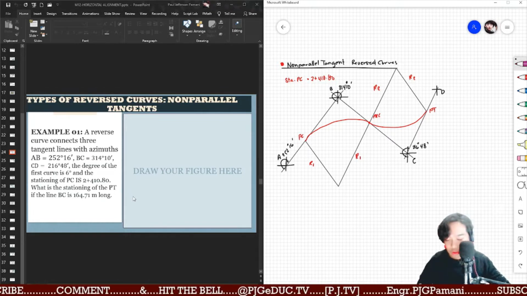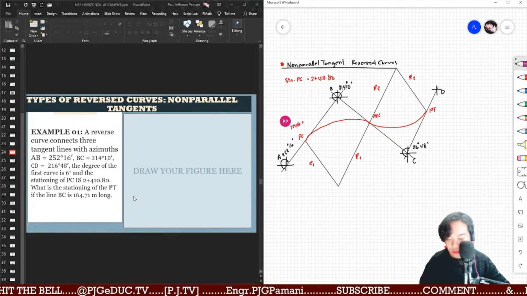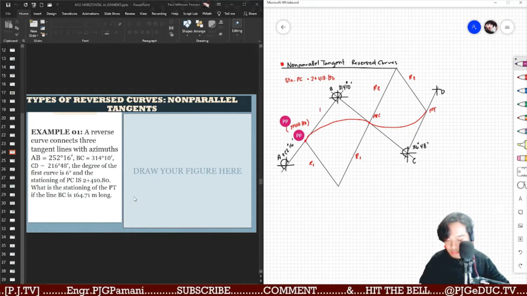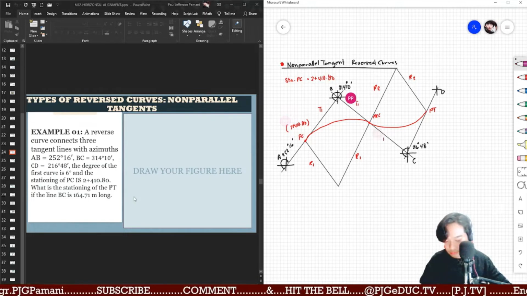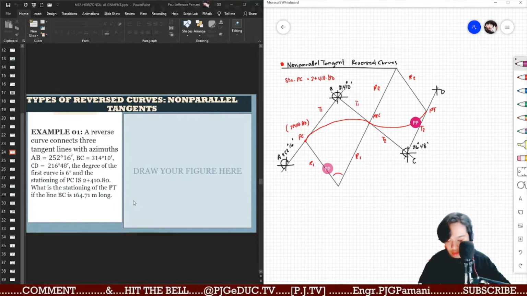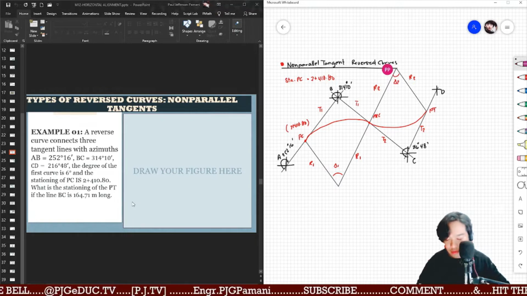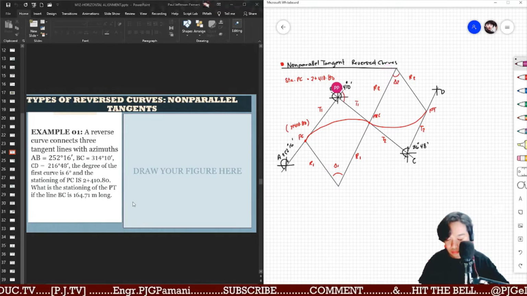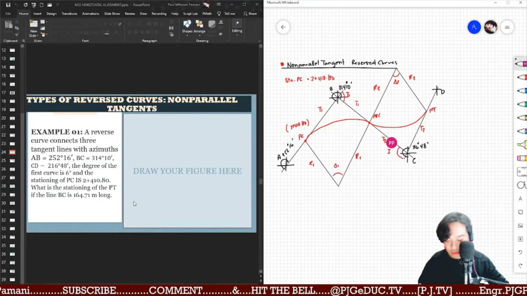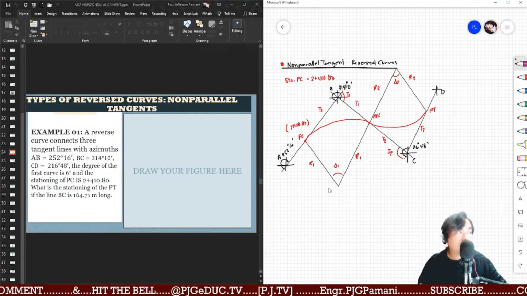Then the station of PC is 2+410.80. Central angle of the first curve and another central angle of the second. Kunin natin ngayon yung angle of intersection for the first curve and the angle of intersection for the second curve.